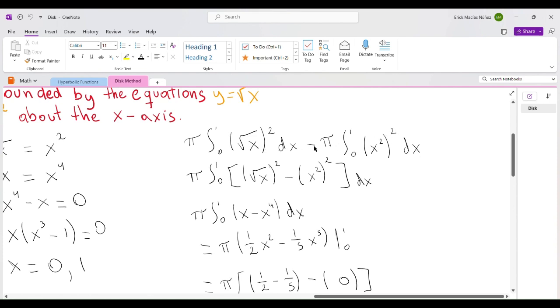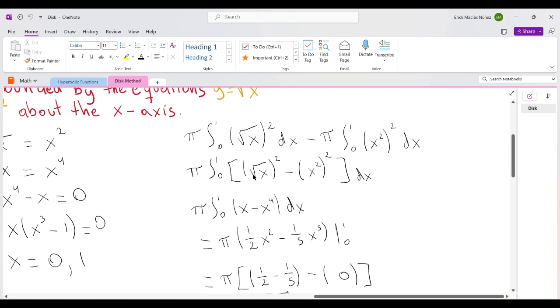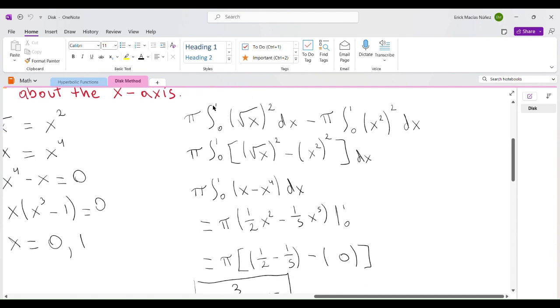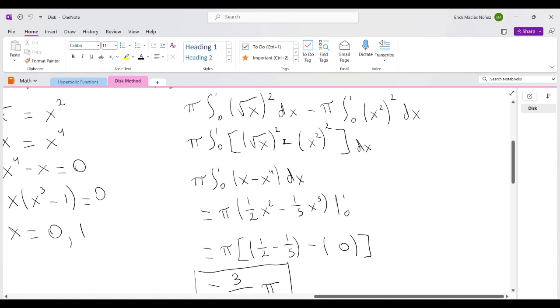So these two are just a minus. You want to put them together, group them, and solve what is inside before you integrate, of course. So you have x minus x to the 4 dx.